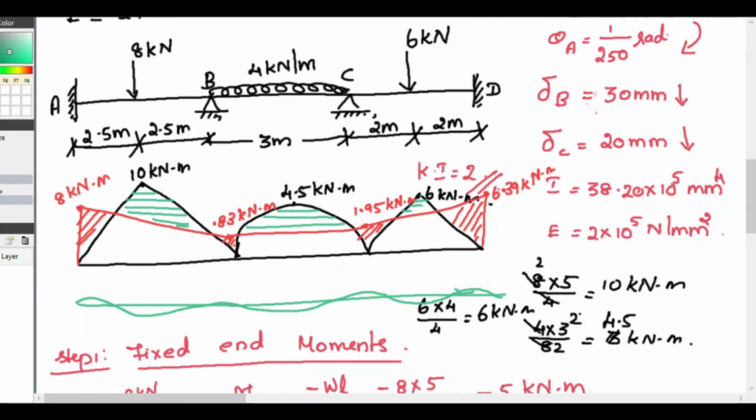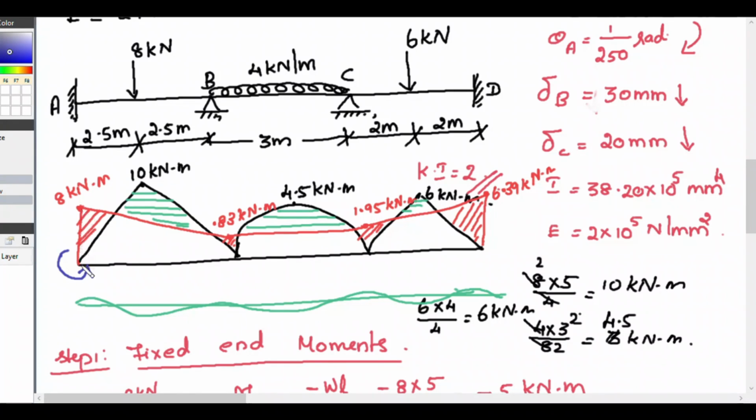Another way you can draw this bending moment diagram is, I will explain. Now this MAB is negative, that means anticlockwise. When you draw anticlockwise, it is like this, so the arrow is upwards.